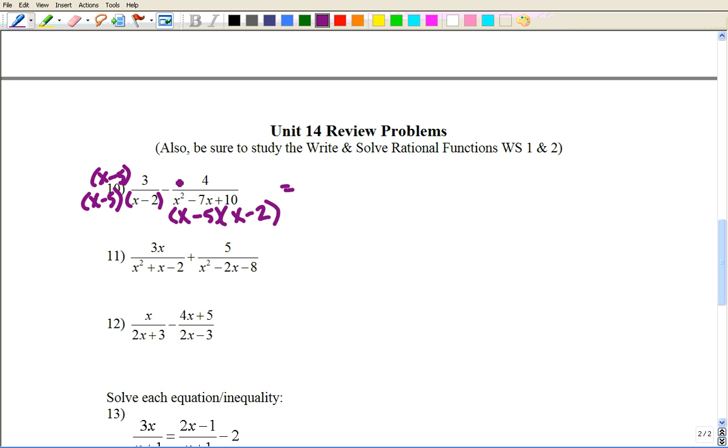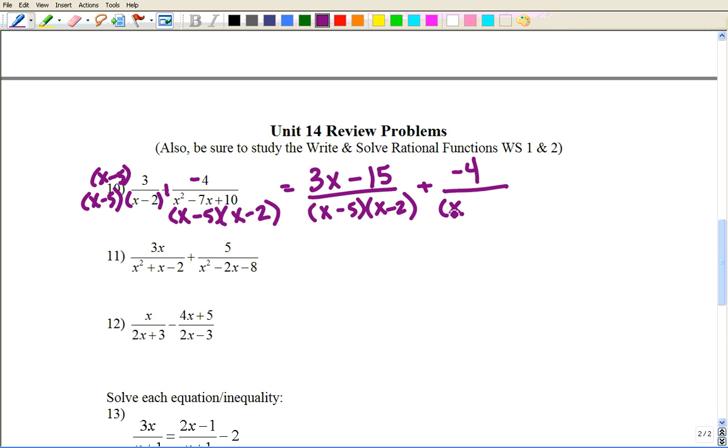So that way the denominators are the same. So I will have 3 times x and 3 times the negative 5, so minus 15, over x minus 5 and x minus 2. And I'm going to go ahead and change this plus to a minus right there. So I'll have plus a negative 4 over x minus 5, x minus 2.